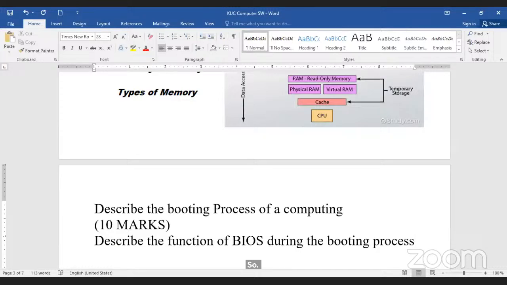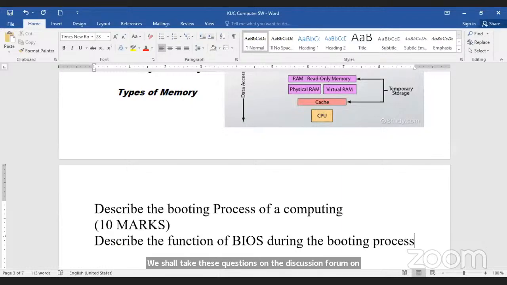We shall take these questions on the discussion forum on the course. After this, I will post these questions in the discussion forum so that we get good engagement.